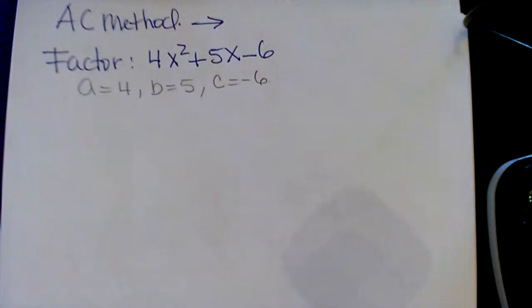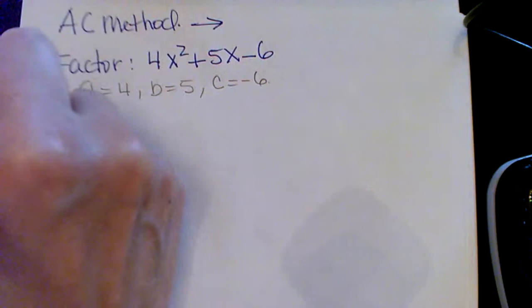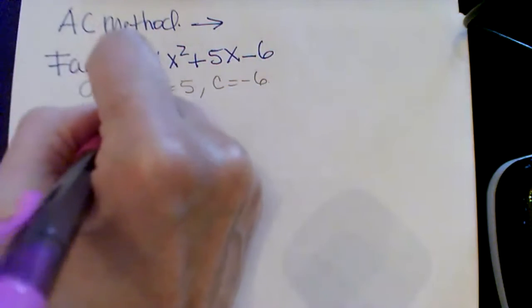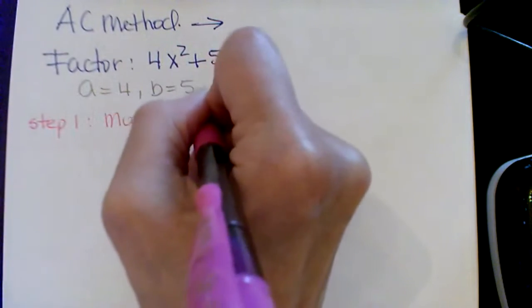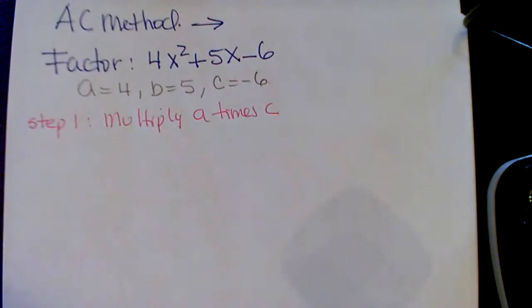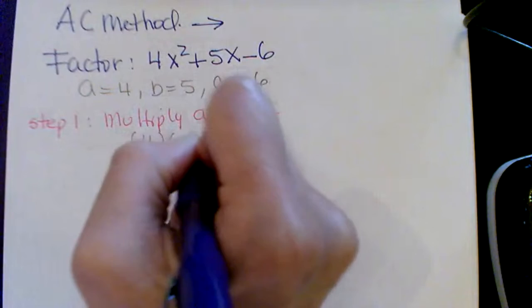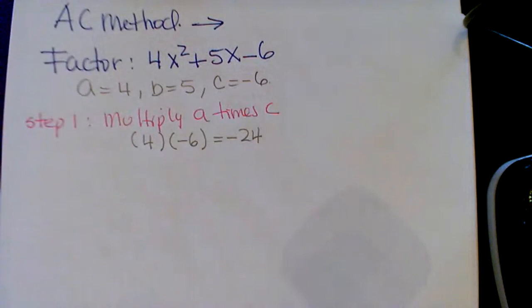The first step that we're going to take here, step 1, we're going to multiply A times C. So A is 4 and C is negative 6. So we get negative 24.